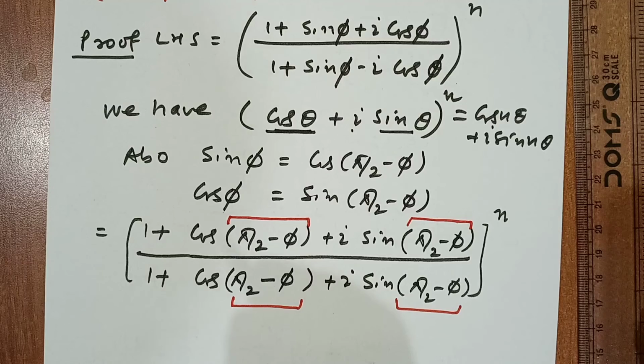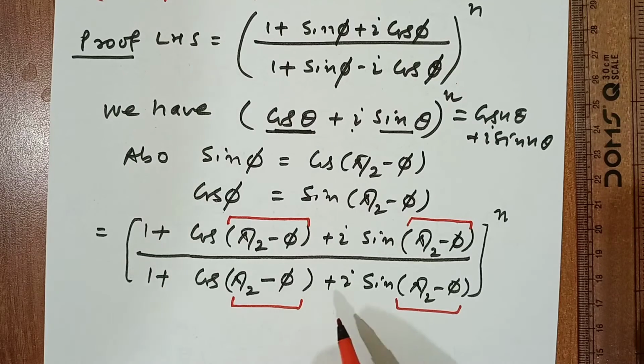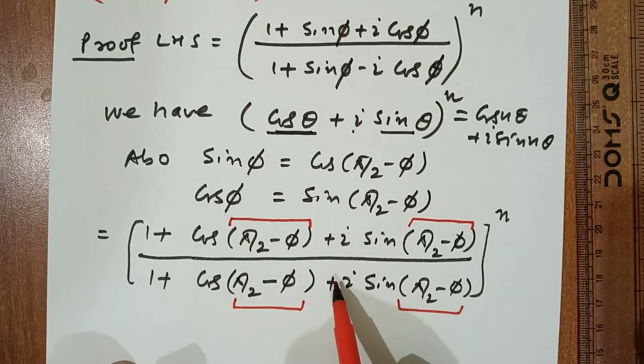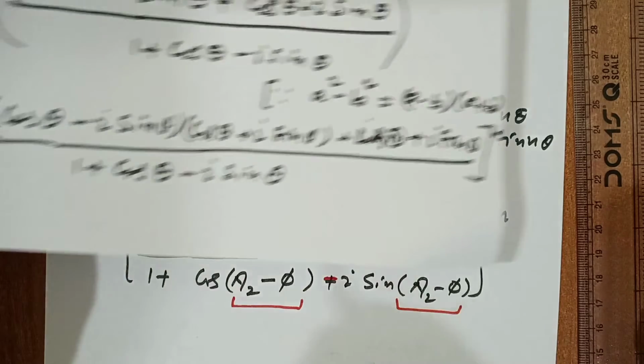So this question is (1 plus cos theta plus i sin theta) upon (1 plus cos theta minus i sin theta). Here minus, here minus, so this is the same question.